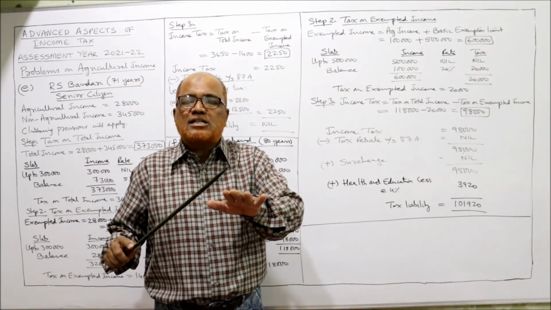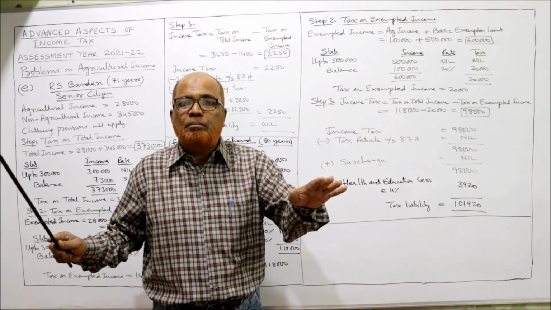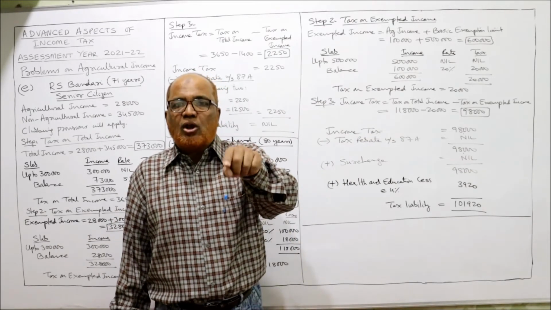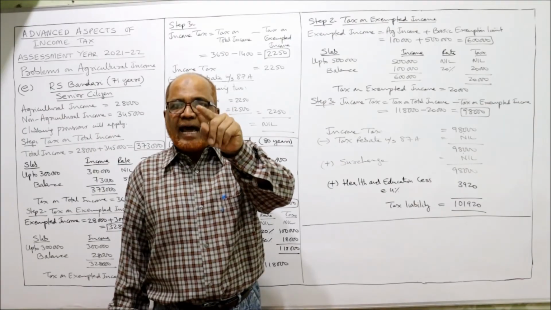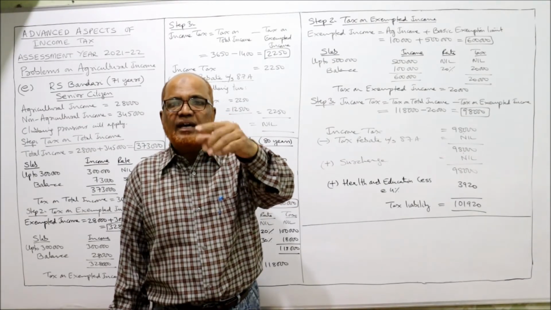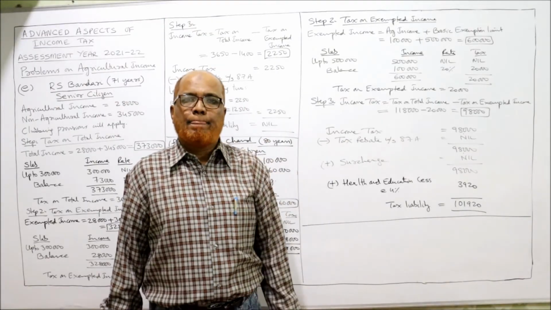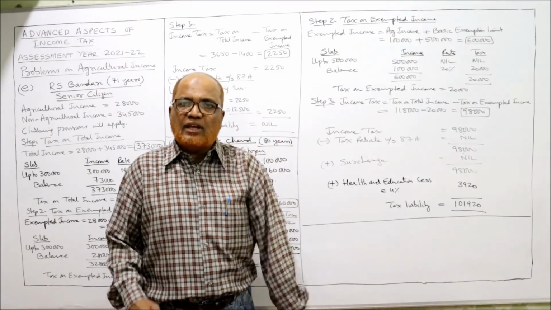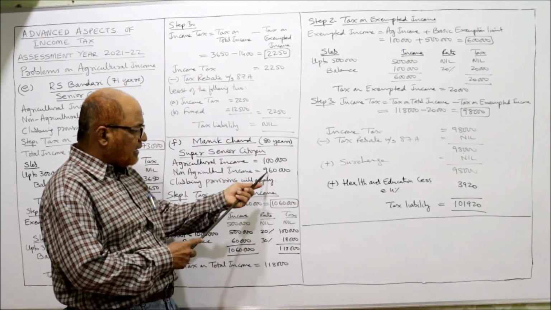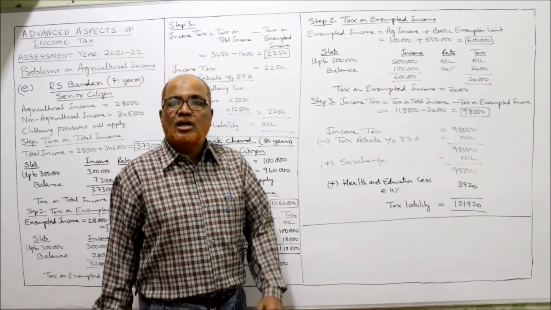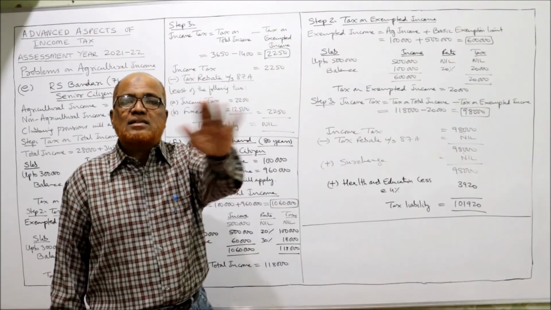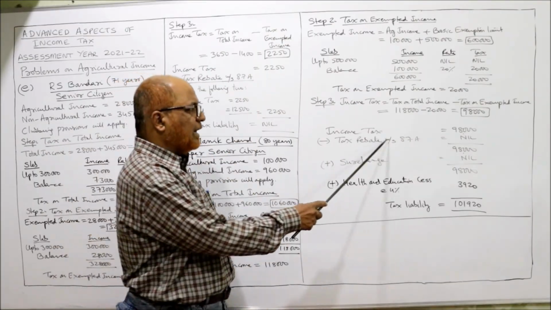Tax rebate under section 87A will not be allowed because the non-agricultural income is more than 5 lakh. Tax rebate will be given only if the income is up to 5 lakh. Here 9,60,000 is there, more than 5 lakh. So tax rebate under section 87A will not be allowed.